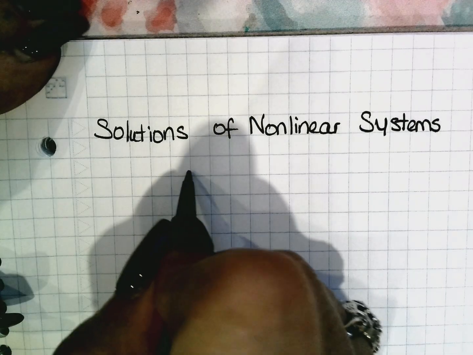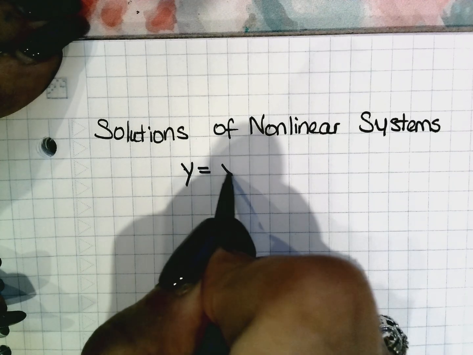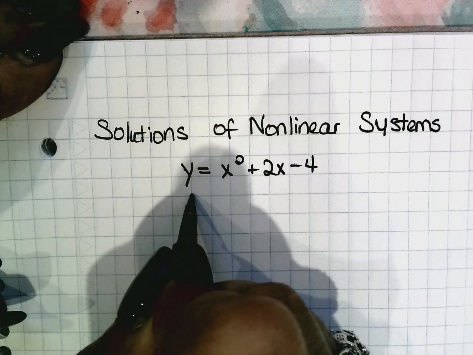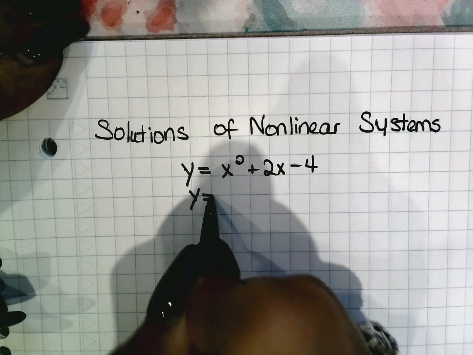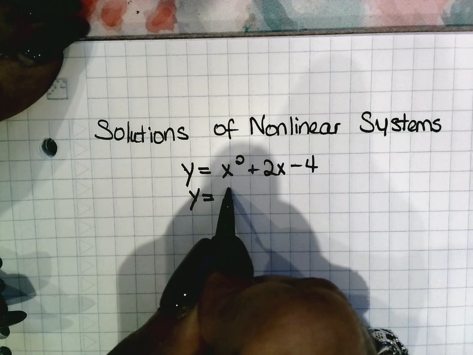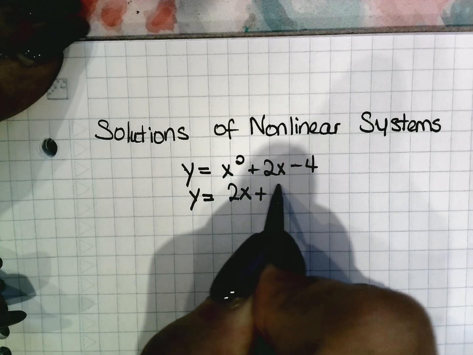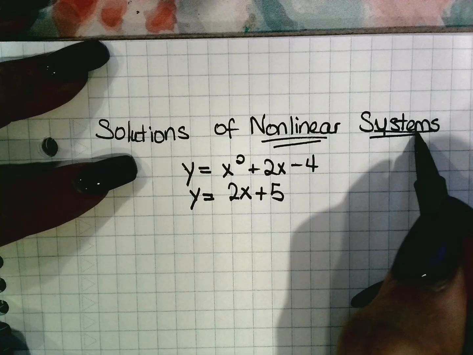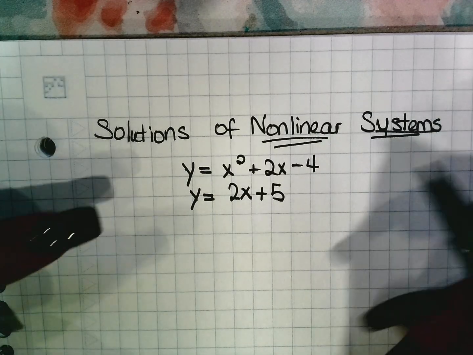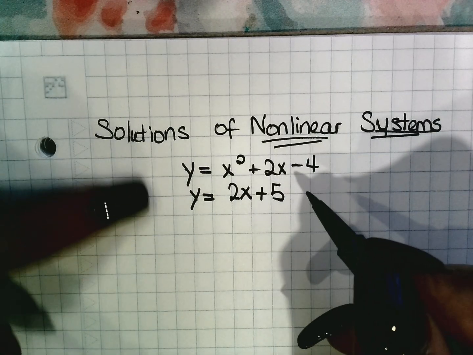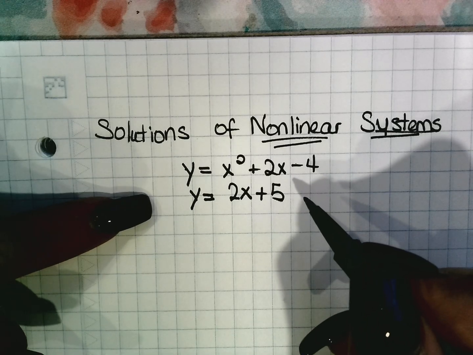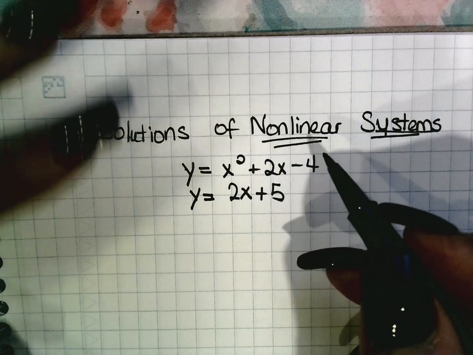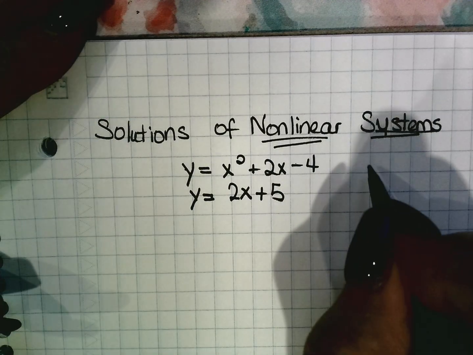So for example, one of the equations is x squared plus 2x minus 4, and the other function is 2x plus 5, and together they form this nonlinear system. Now, a nonlinear system just means one of them is not a line. So one can be a line, but as long as one of them isn't, the whole system is considered nonlinear.